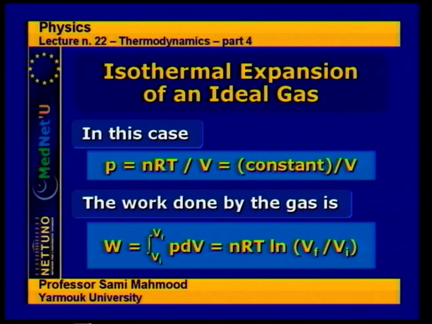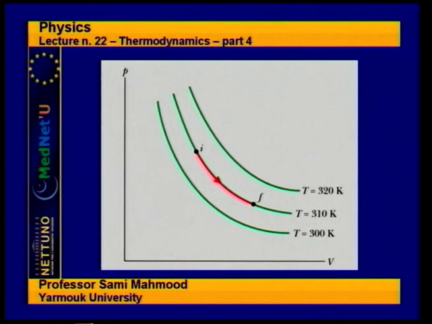The work done by the ideal gas as it expands isothermally is equal to nRT times ln of V final divided by V initial. That is the work done. And this curve shows the process of the isothermal expansion.